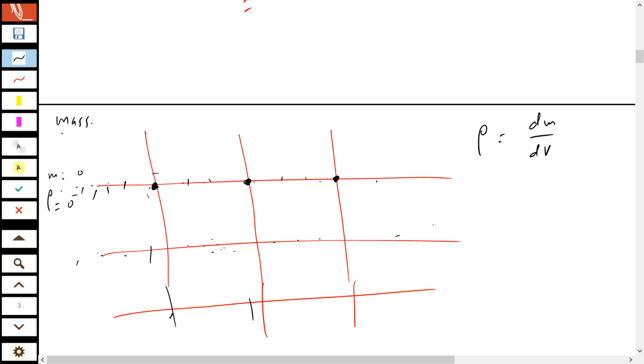Mass changes from zero to non-zero within zero volume. So density will actually be zero everywhere except at those points, where it will be infinity, right? Whenever something changes within a zero interval, it becomes infinite. That's the main idea of this Dirac delta.